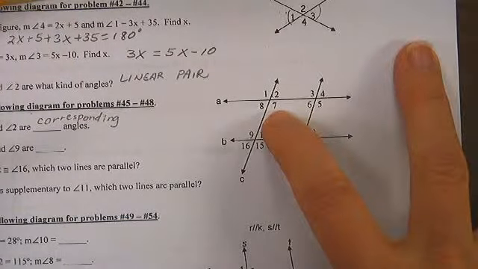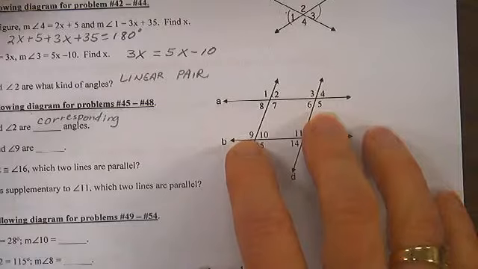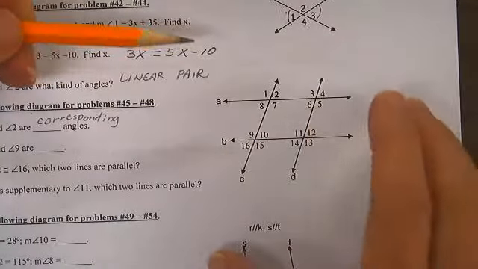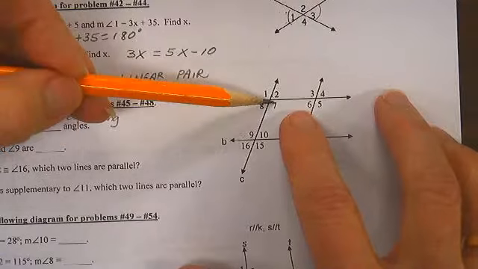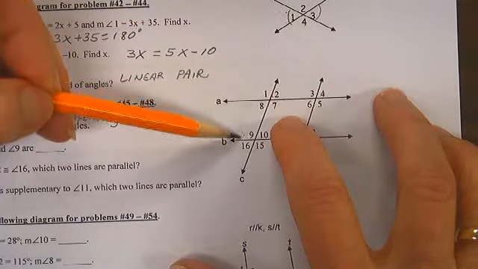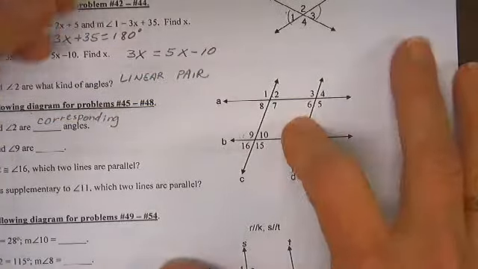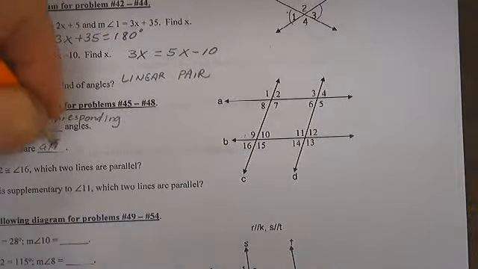Angle 7 and angle 9 are, well, let's see. They're on alternate sides of the transversal. They're in between these two lines. They are alternate interior angles.